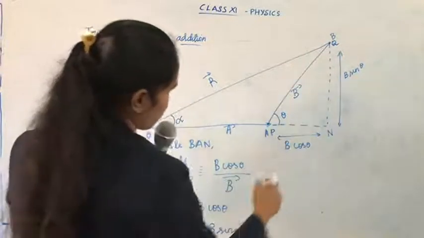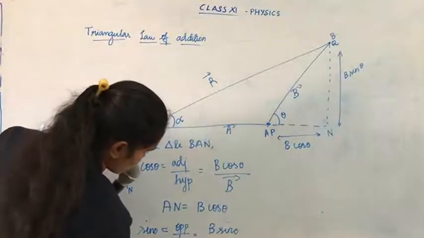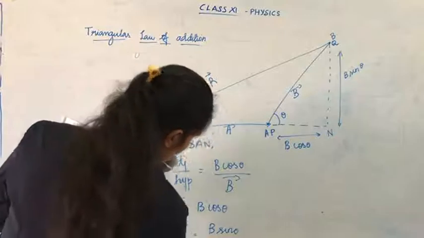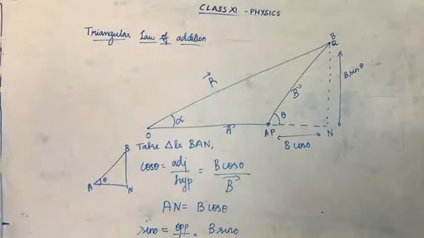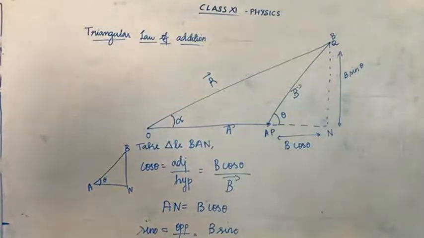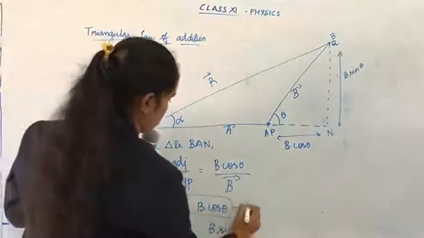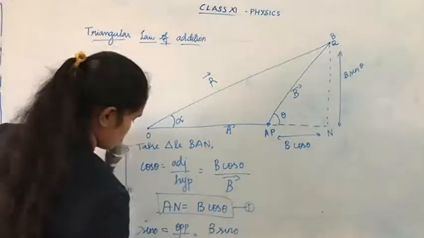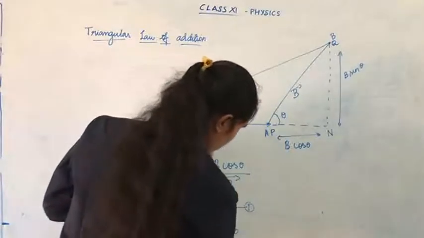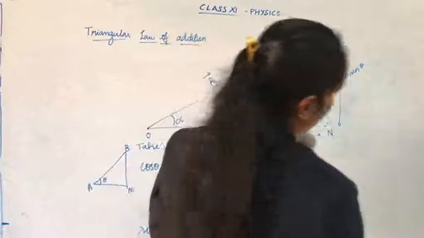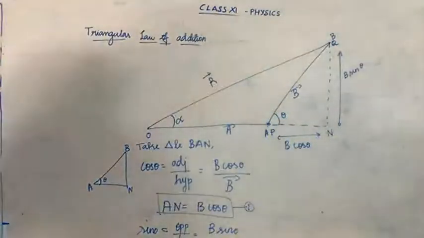So that BN equal to B sin theta. Okay, have you noted? BN equal to B sin theta. Have you written, children?